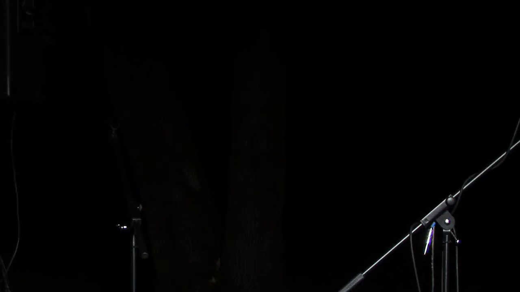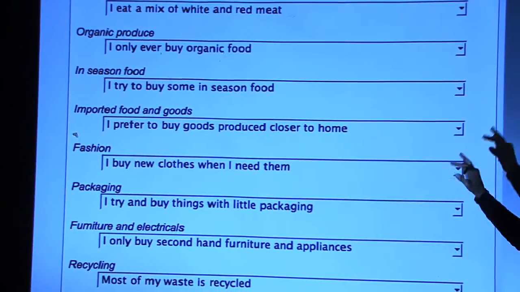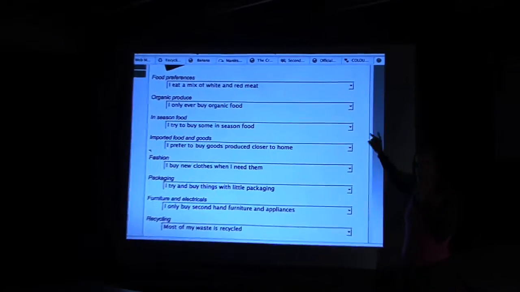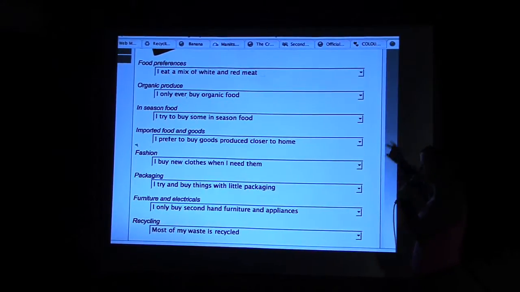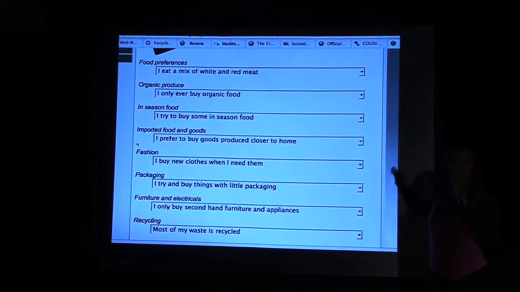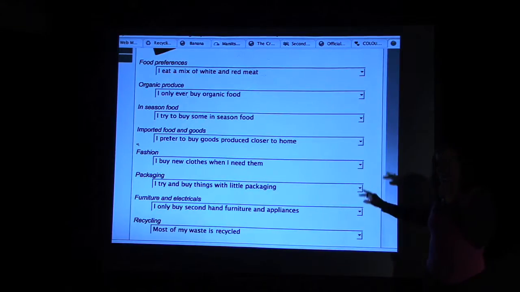Then this is what I call your secondary carbon footprint. And a lot of websites don't include this. And if the website that you're using to calculate your carbon footprint doesn't have a screen that looks like this, get another website. Because this is very important. How much we recycle, what do we eat, what do we buy, what do we do in our life?